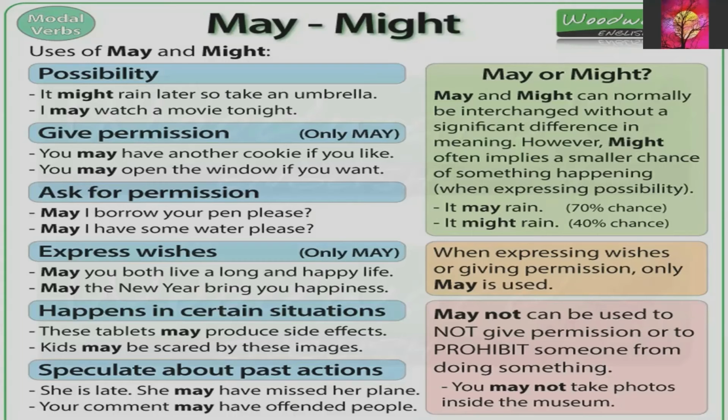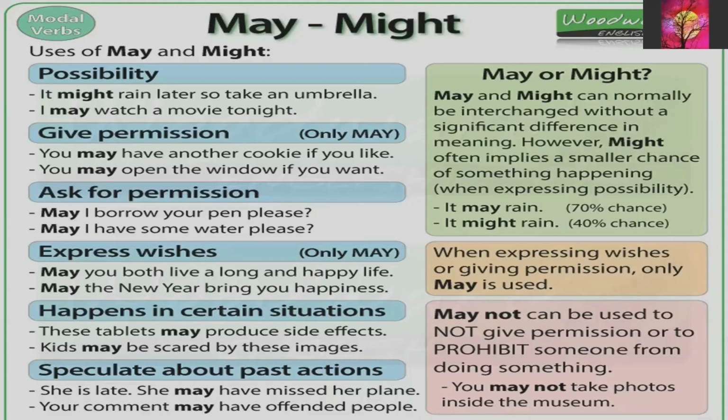She may have missed her plane. So you don't know whether she has missed it or not, but you are trying to speculate. Then you use may. Your comment may have offended them. So again, it's a possibility in the past or speculating about something which has happened in the past.